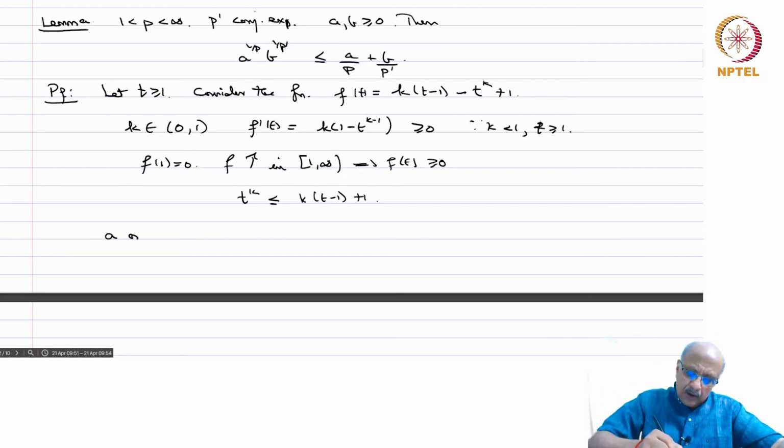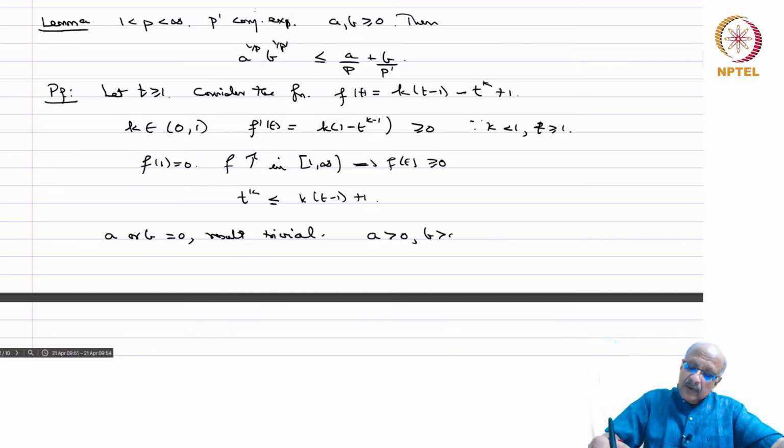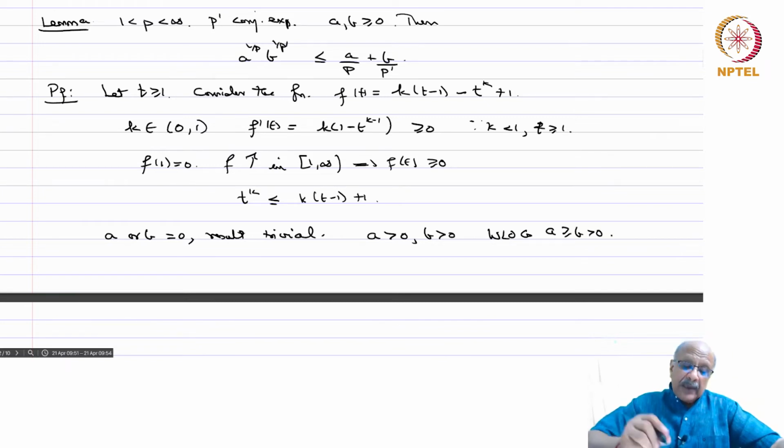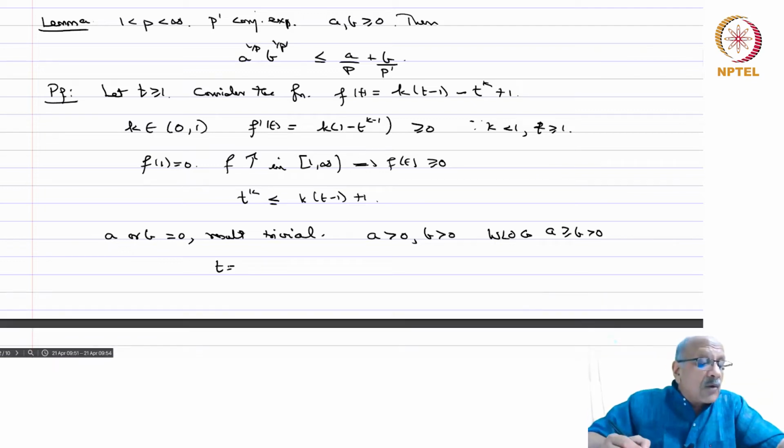Now if a or b equals 0, the result is trivial. So you can assume a is positive, b is positive. Without loss of generality, you can assume that a is greater than or equal to b, strictly positive, because p and p dash are conjugate exponents of each other, so the result is symmetric in p and p dash. It doesn't matter which one you take, and so you take t equal to a by b and k equals 1 by p.